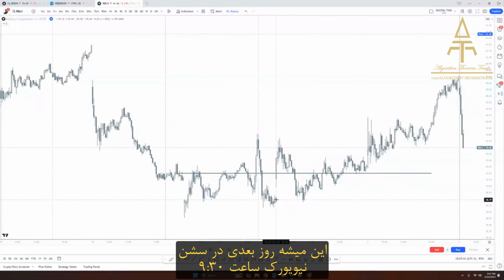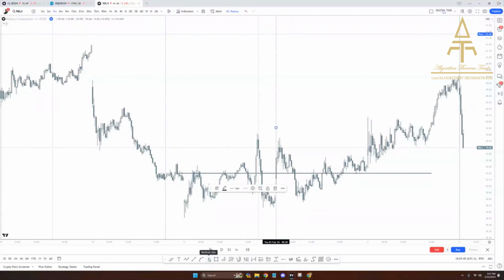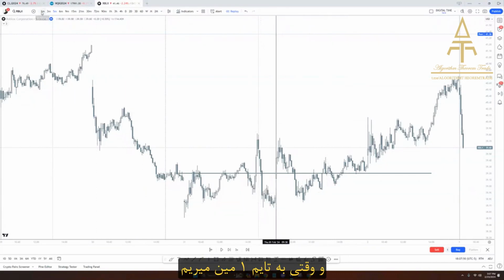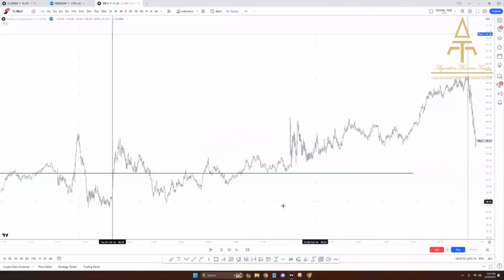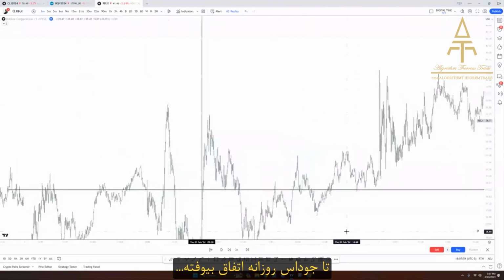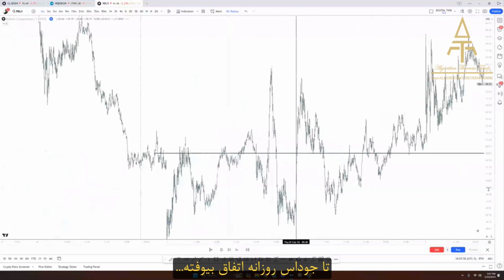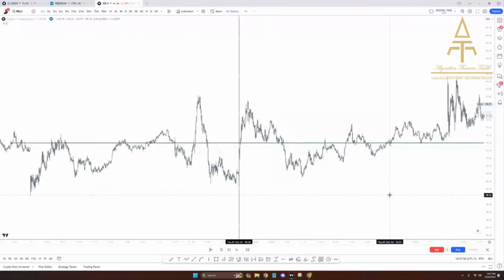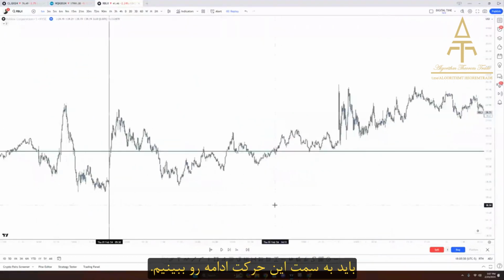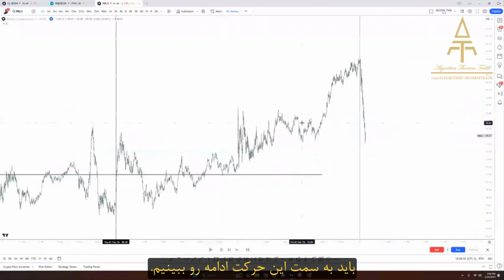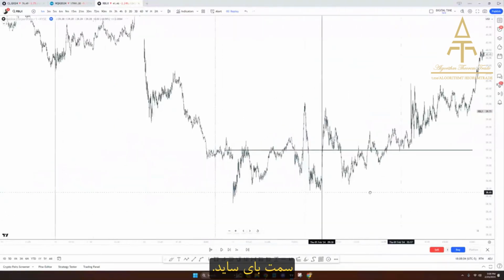Now, this right here is a separate day, 9:30 New York, to close, right? But when you go to the 1 minute time frame for your daily Judas, you're going to want to see continuation towards this move, towards buy side.